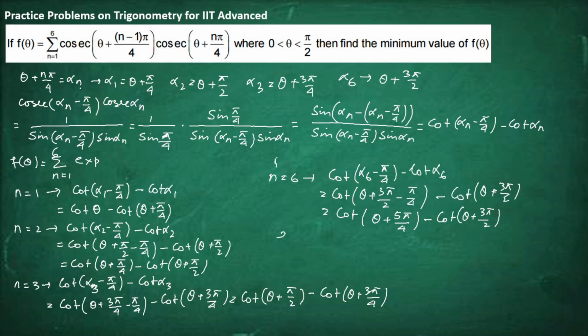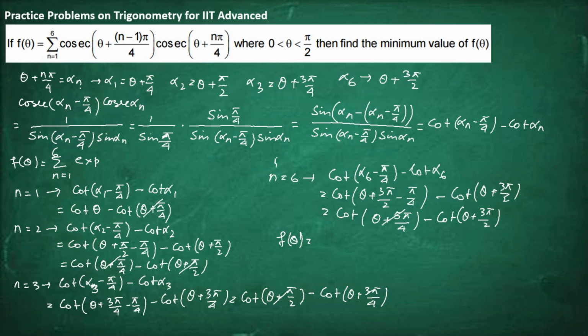Therefore, the given expression, your f(theta), will ultimately become, when we add all those terms, you observe carefully, this term and this term goes off, right? This term and this term goes off, and this thing goes on. So the last term will get cancelled with the term when we put n equals to 5.